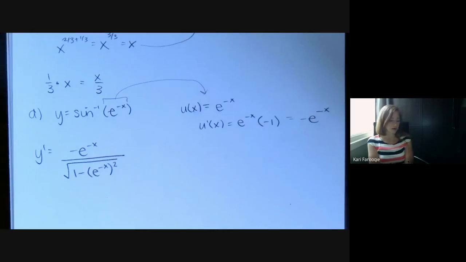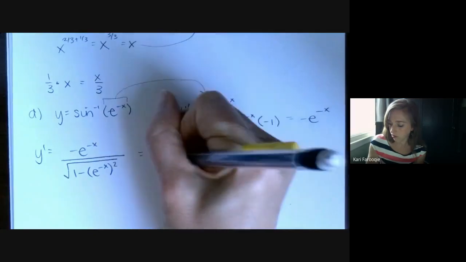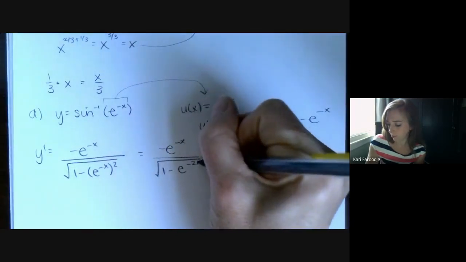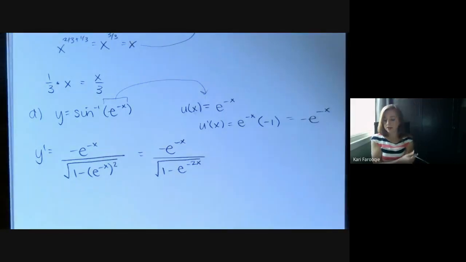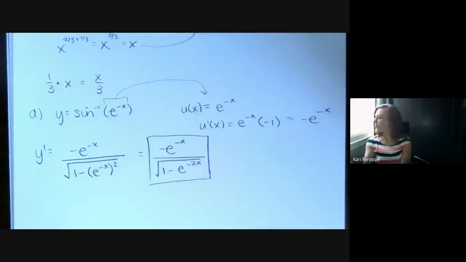I'm just going to take e to the negative x and square it by taking the power to a power and multiplying the powers. This is another one where you'll see some authors will really go crazy with the simplification. I'm not too worried about it. I just want you to use your basic exponent rules when you can. So it should look like that. And I think this is really good.